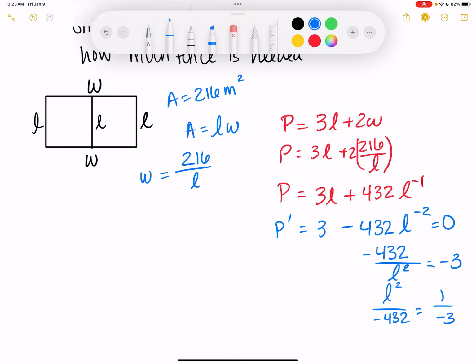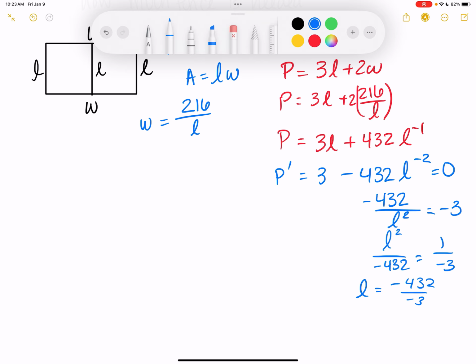And then multiply by the negative 432. So L equals negative 432 over negative 3, which is 144. And we're in meters.